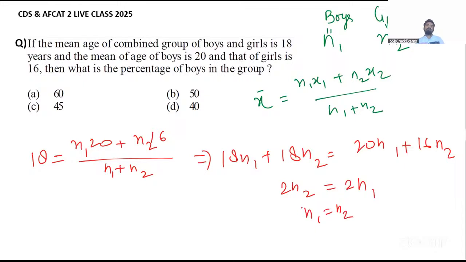So what you can conclude from here, the number of boys is equal to the number of girls. It means that half of the class consists of boys and half is girls. So there are 50% boys and 50% girls. So the answer will be 50.